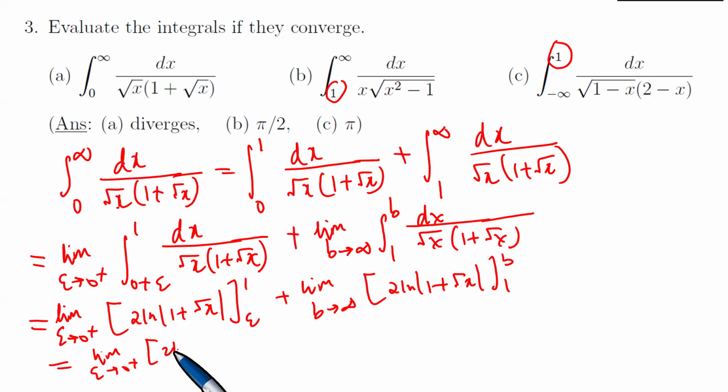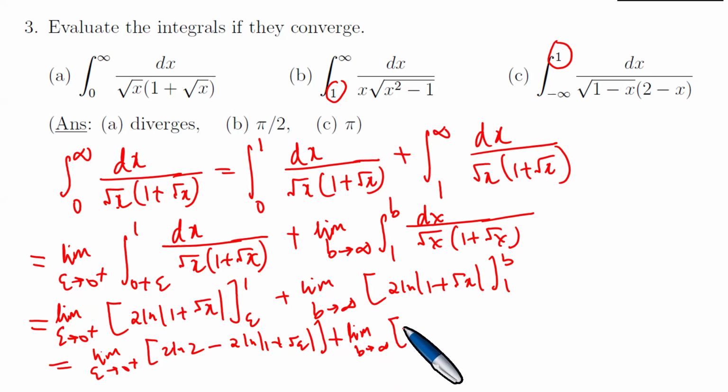You put the 1, which is 2 ln of 1 plus 1, which is going to be 2, minus 2 ln of 1 plus the square root of epsilon. And then 2 ln of 1 plus the square root of b, minus 2 ln of 2.